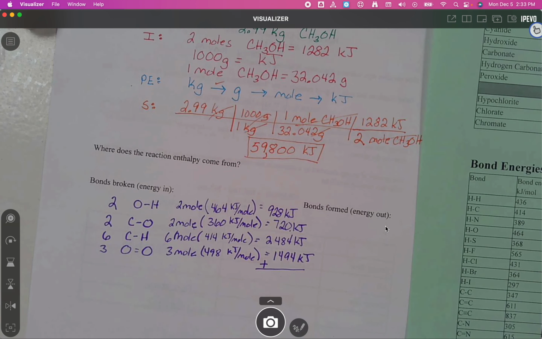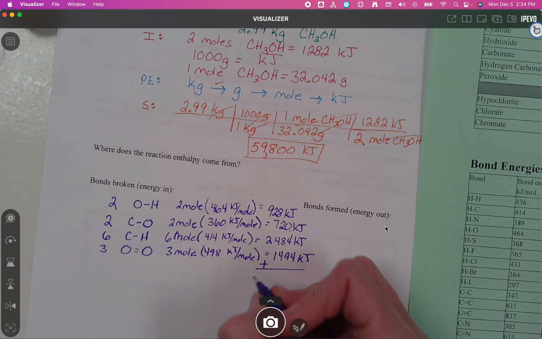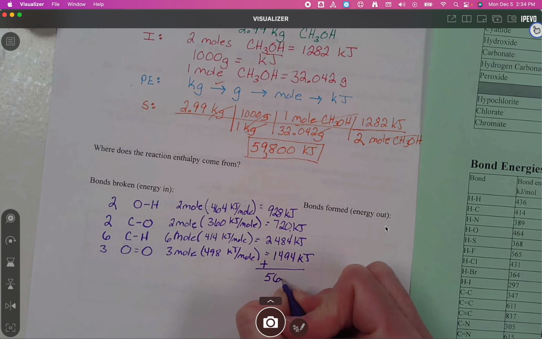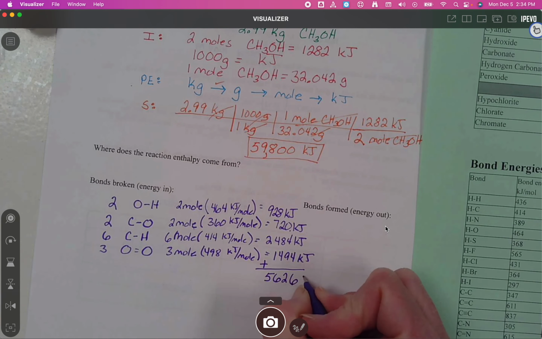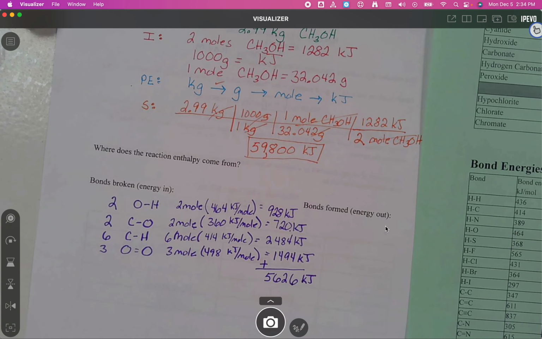So we spent 928 kilojoules taking the beaks off, plus 720 removing the heads, plus 2,484 to get the feet off, plus 1,494 to break up the oxygens. So all of that cost us 5,626 kilojoules worth of energy.